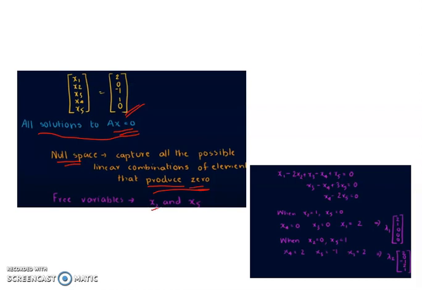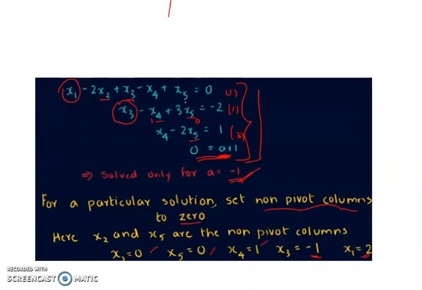So we can give values of x2 and x5 as 0 and 1. So there will be two cases: x2 is given as 1 and x5 equal to 0, and the second case is when the value of x2 is given as 0 and x5 is taken as 1. The equation also you need to redefine in the form Ax equal to 0. The previous equation only you will be taking, the only difference is the right hand side will be made 0.